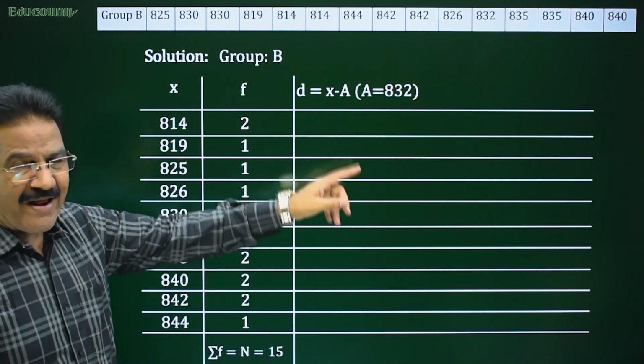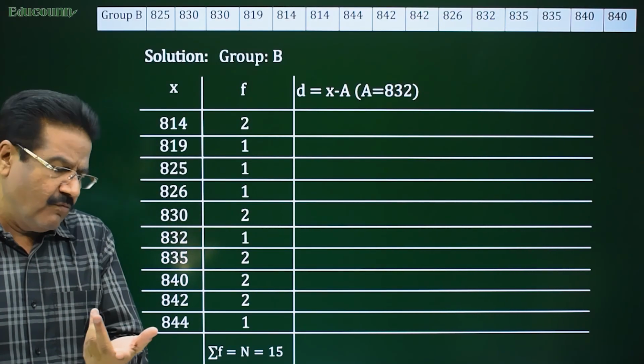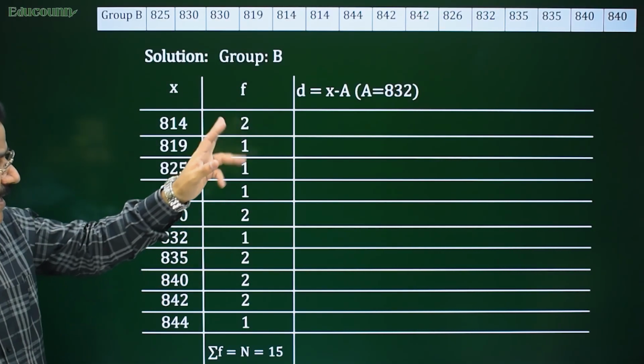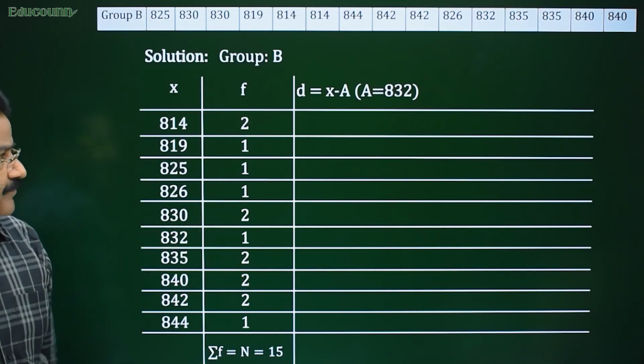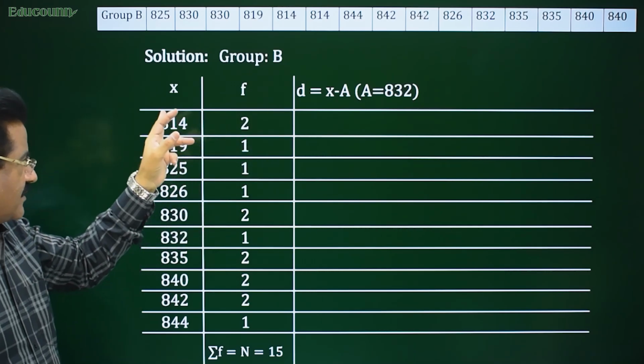Now we can assume the value of A: 830, 832, 835, whatever we want. I have taken 832. So 832 is A and X values are there.